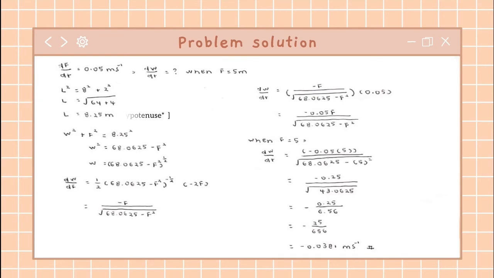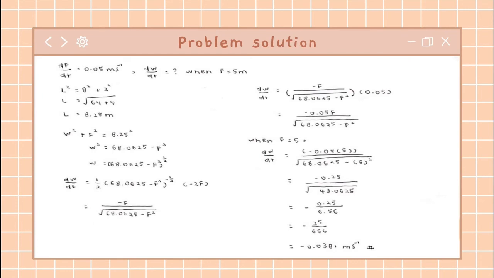Then, we can again use the Pythagoras theorem to find dw/df. As we all know, the equation for Pythagoras theorem is a squared plus b squared equals c squared. Therefore, we can substitute all the information that we have into the equation and differentiate the equation.